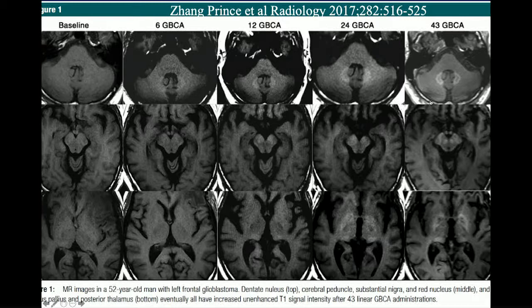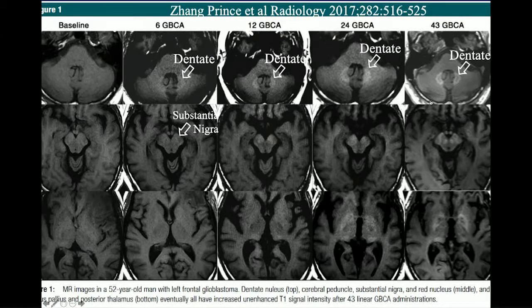And this is a paper also recently from Radiology, and it builds on the work of Kanda, who first noticed gadolinium appearing in the dentate and globus pallidus. And here you can see the dentate nucleus after 6 administrations of gadolinium, and then after 12, after 24, and in this patient after a total of 43, the dentate is really jumping out.